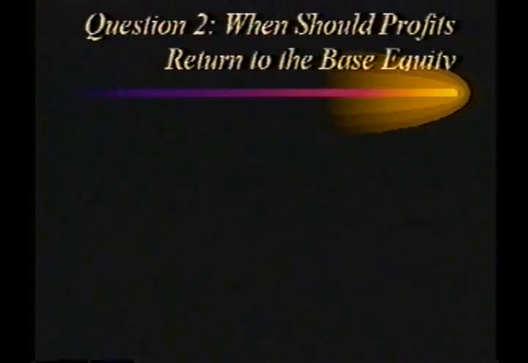That's how this works. Now, the second question you've got to ask yourself when using this particular method is, when do you return profits to the base equity? So that means at that point you're only risking that small amount that you risk on base equity.